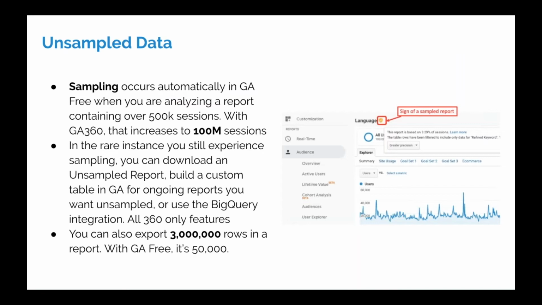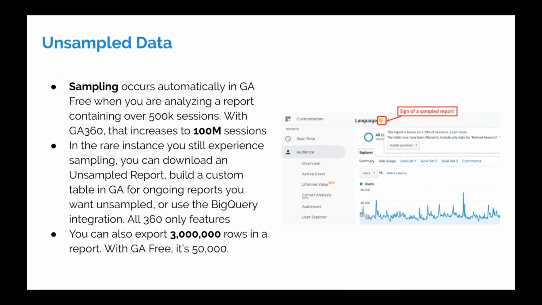So first and foremost, unsampled data. This might be the second largest reason for users making the upgrade to 360, besides the integrations: the very, very frustrating yellowish orangish check mark that you'll see at the tops of reports, and you can see one in the screenshot on your screen.